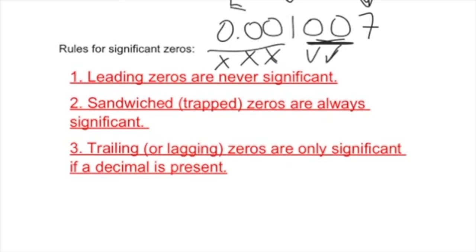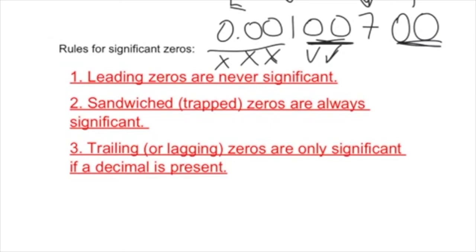Last but not least, and the most confusing of the 3 rules, trailing zeros only count, so they sometimes count, if there is a written decimal in your number. So using the above example, if I were to have another couple zeros on the end, a trailing zero is any set of zeros that come after the last non-zero number.